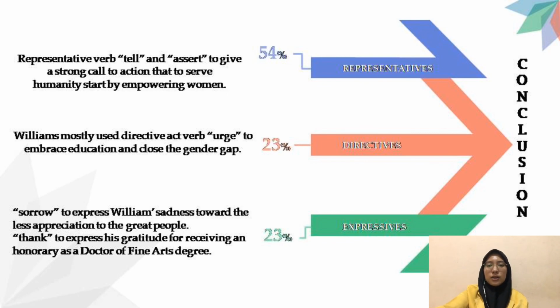He also uses the expressive act thank to show his gratitude toward the NYU people, especially the NYU president and faculty, for giving him a great chance to deliver a speech among great people and also receive an honorary Doctor of Fine Arts degree.